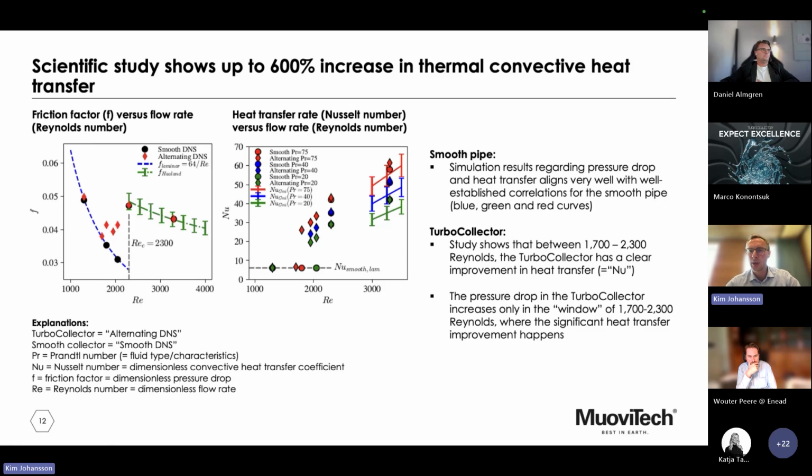I know that Wouter will talk a little bit more about that later in the webinar. But one thing that was very nice to see in the study of the friction factor was that we are not creating any additional pressure drop outside of this window that we are creating. So when we are in a turbulent state with a smooth pipe, we are not increasing any pressure drop with the TurboCollector.